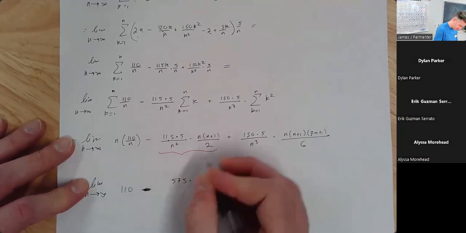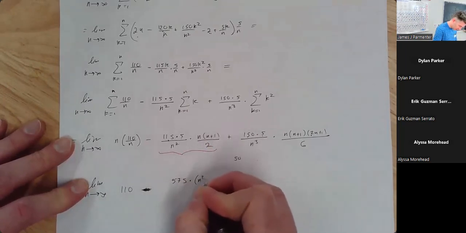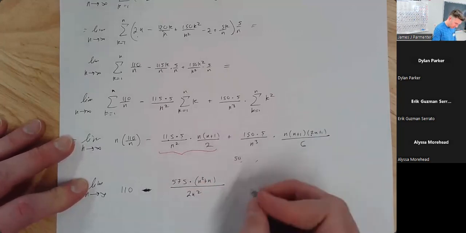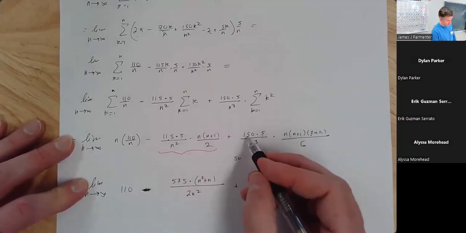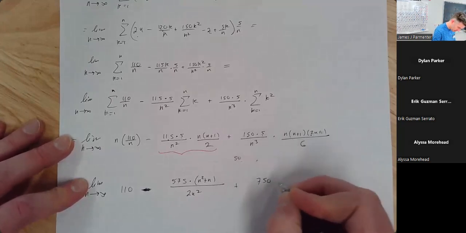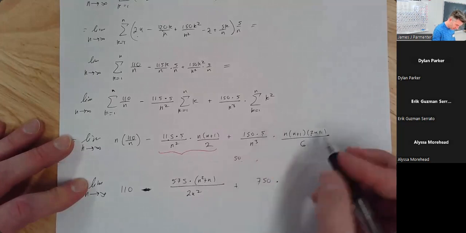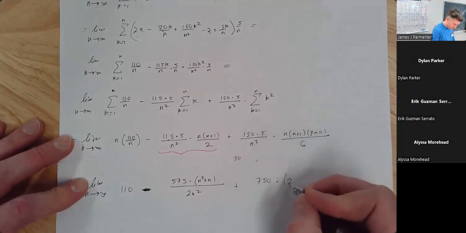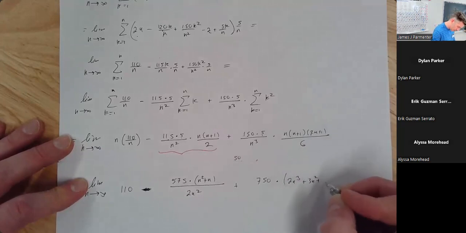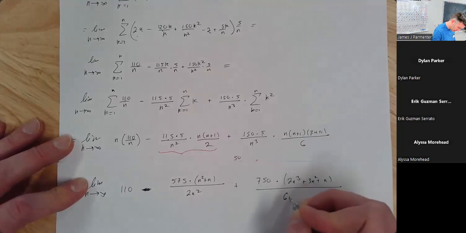575 times, this is n squared plus n over 2n squared. And here we've got plus 5 times 150 is 750 times, if I multiply this out, this is 2n cubed plus 3n squared plus n all over 6n cubed.